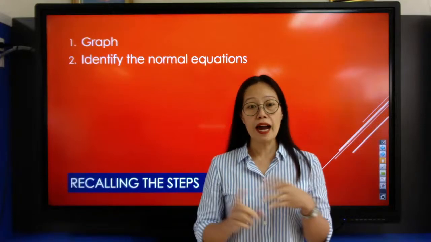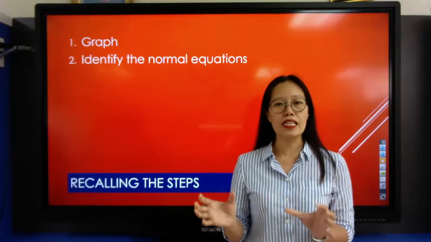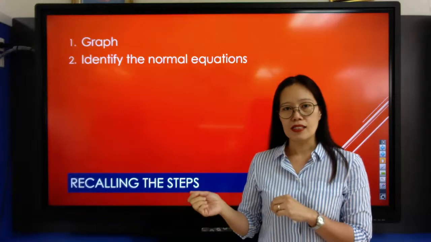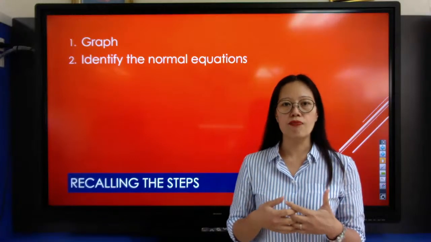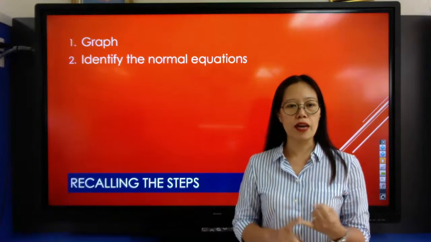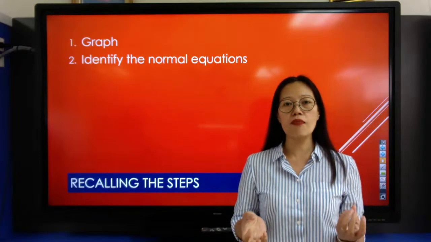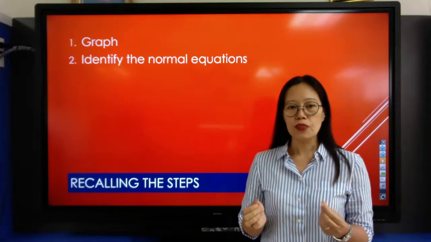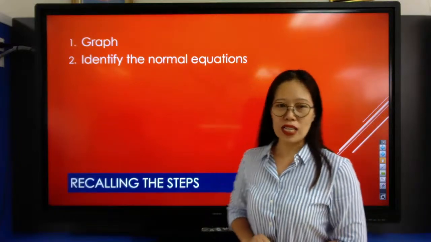But if it is a parabola, you need three normal equations, because a parabola has three constants. Remember that a parabola is related to our quadratic function, and so you need to find the values of a, b, and c. If it is an exponential function, then again, there are two constants, so you also need two normal equations.